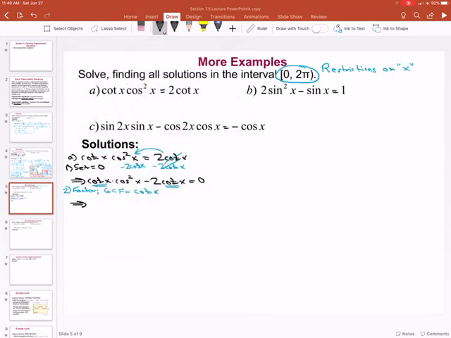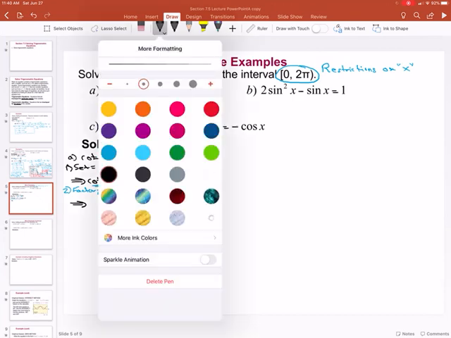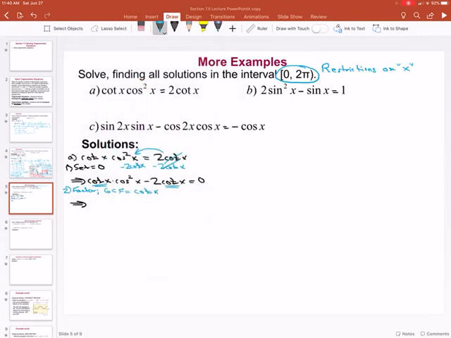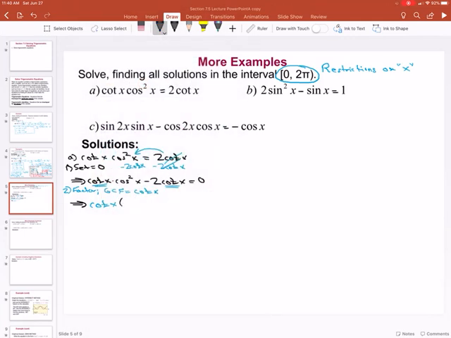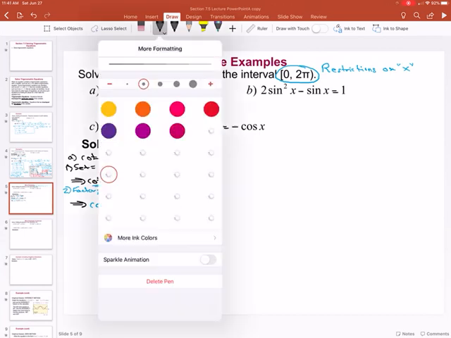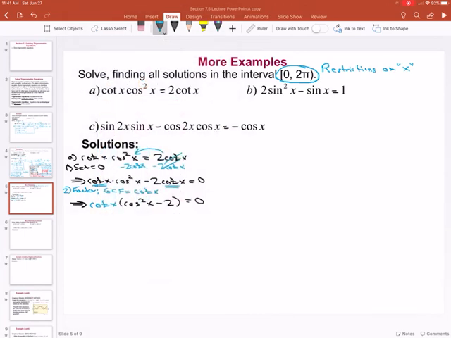So as we factor out the cotangent function, as we bring out that common factor that's showing up in both terms, if we bring out cotan x, we're left with, in the first term, a cosine squared x. And in our second term, we've taken out cotan, so we're left with minus 2. And it's equal to 0. So now we've got a factorization. And since we have a factorization, we can now apply our 0 factor property.